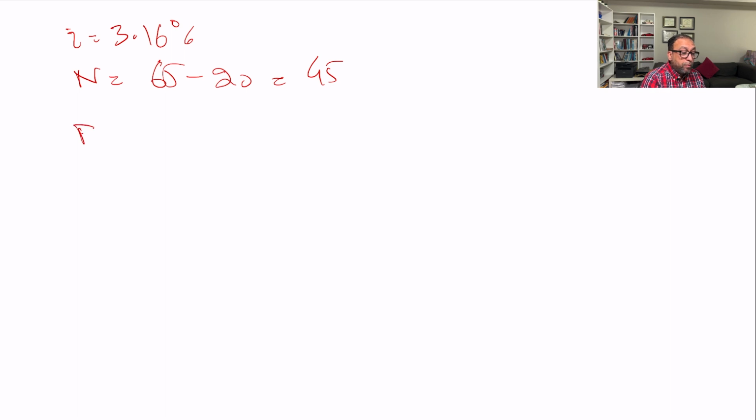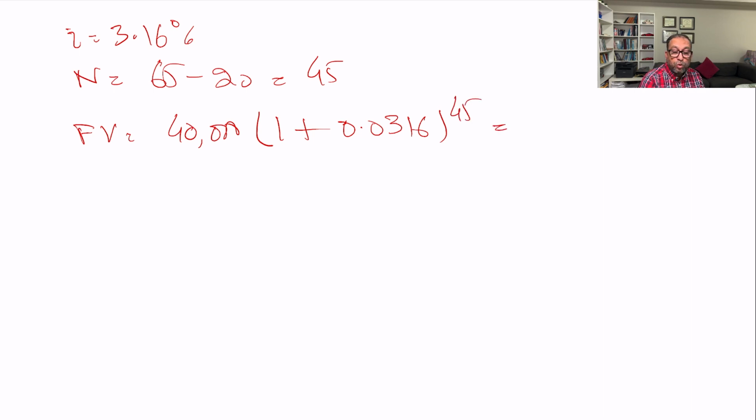So what will be the future value? 40,000 is the present value, times 1 plus 0.0316 exponent 45. It's going to be 162,207.15. That should be the amount.